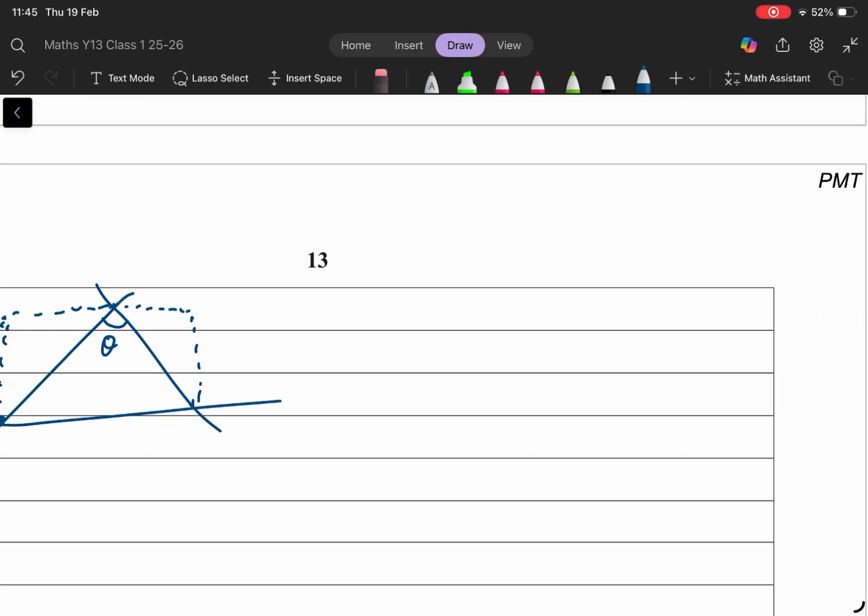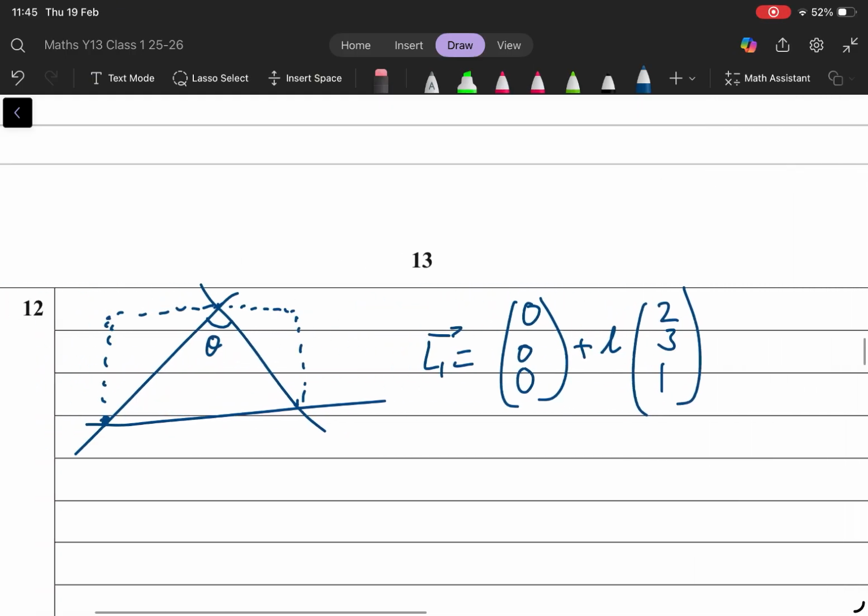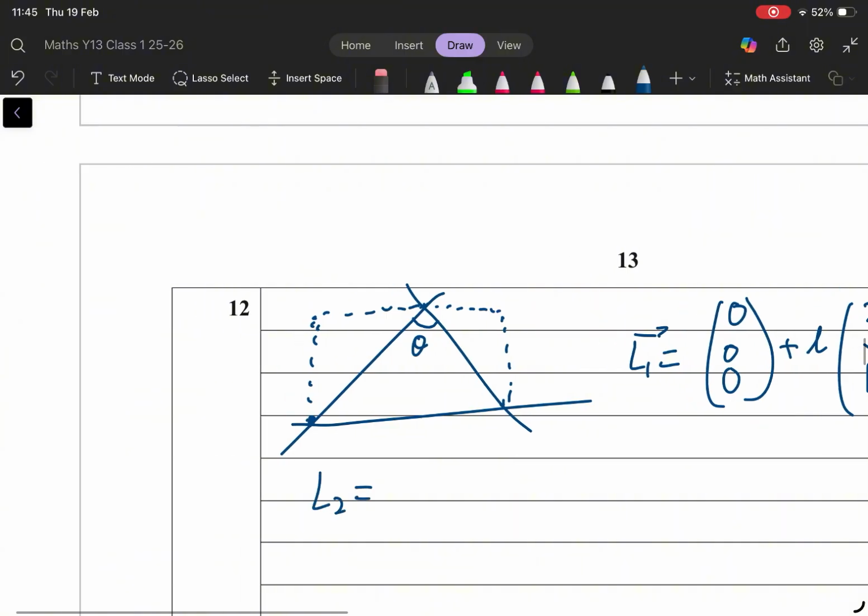So the first one's just going to be L1 equals, or L1 I should say. L1 is going to be 0, 0, 0 plus lambda (2, 3, 1). And then L2 is going to be equal to 0, 0, 0 plus t (1, 2, -4)... So all these start at the origin, right?